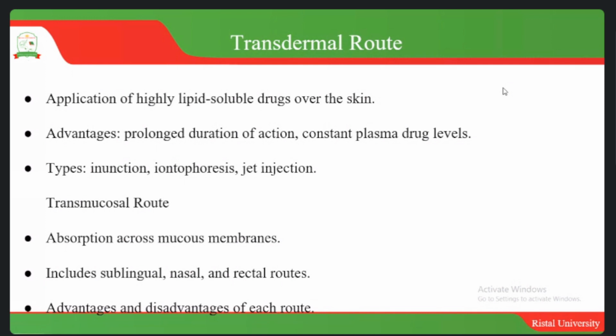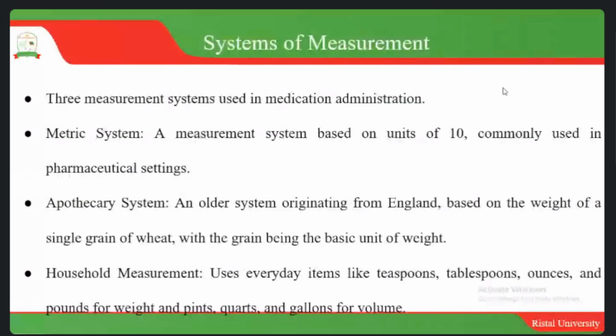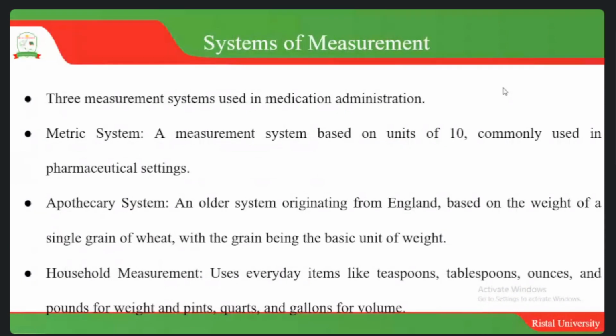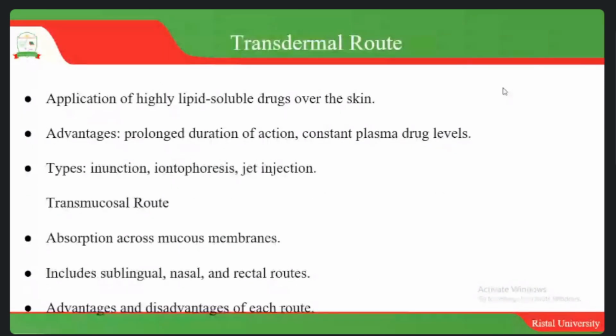Of these, you realize that some of them are of advantage to some, and yet others may not be of advantage. So when you use some drugs in a way that you are not supposed to, like the sublingual, there are some drugs that when you give them sublingually, they may cause a much more severe effect than you expect.